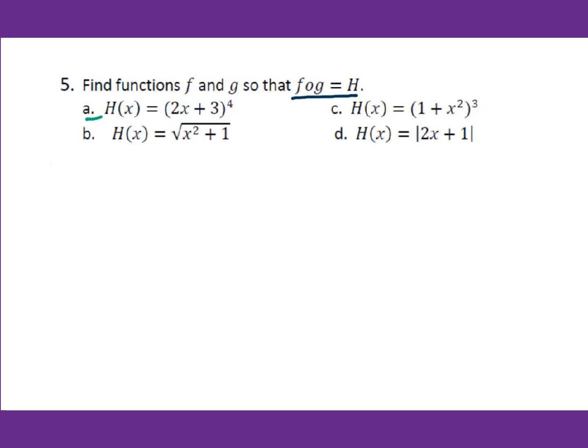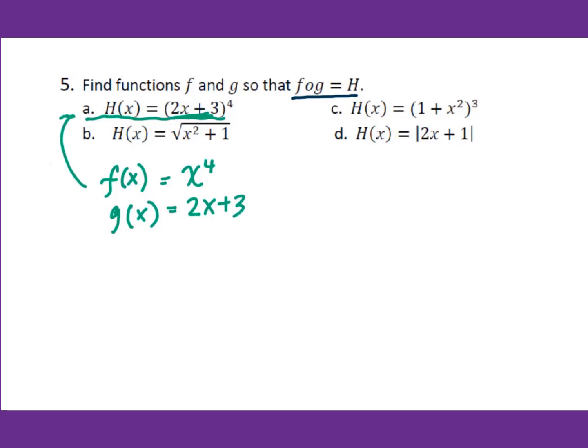For example, for a, the parent function, you will get x to the 4th power. So you will see that is f of x, that is x to the 4th power. Then your g of x will be inside this, that is 2x plus 3. That's for a.